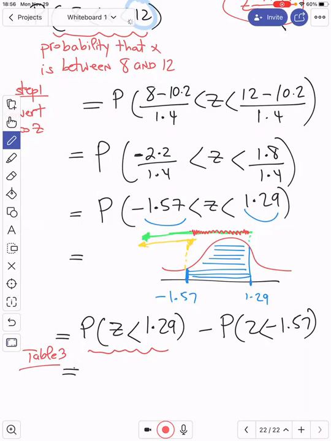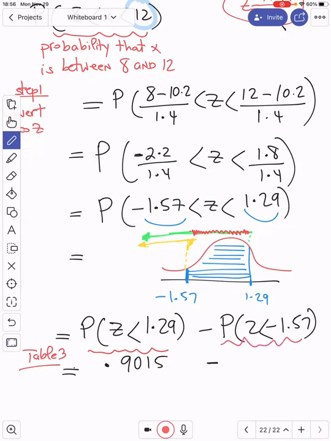And if you check your table, well, I guess I can share my screen too. But I hope you have your table number 3 in front of you. So this is the probability that z is less than 1.29. This is actually 0.9015. Okay, minus.